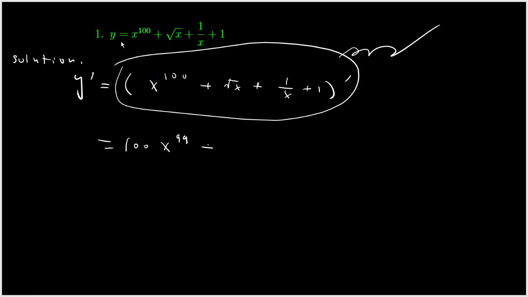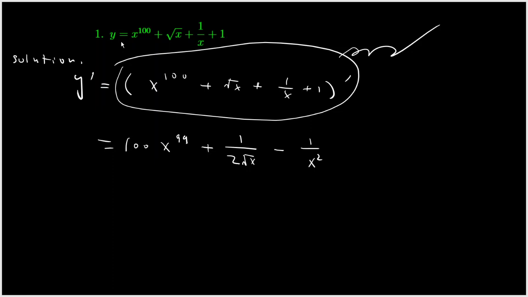Okay. For the other three terms, I told you to memorize the basic formulas, right? The derivative of square root of x is equal to 1 over 2 square root of x. The derivative of 1 over x is negative 1 over x squared.